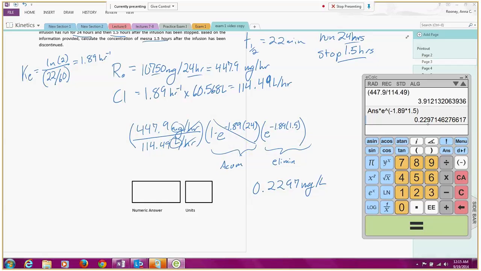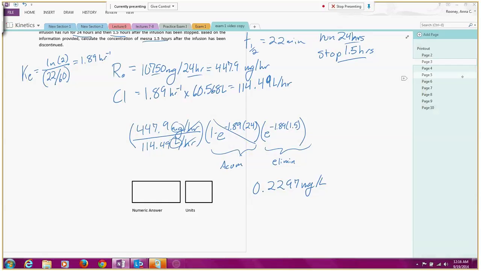Out of habit, I just left the accumulation in because I wanted to make sure I got the closest to the biggest number. But if you want to double check to see if your answer is close, and you know it's past the 5 half-lives, that's one way you can do it. So that's it. I'm going to erase this line. I don't like it there.